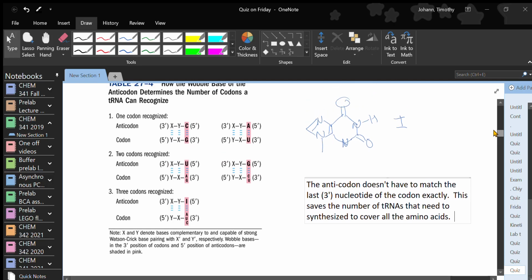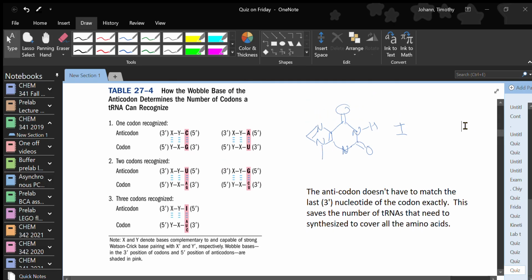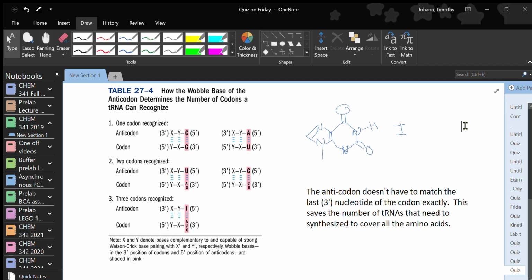How did they figure this out? What did they do to research this? I don't know what the experiments were here. And I think Crick was involved with this, but I don't know exactly when they figured it out. So I also don't know what technology they had available.